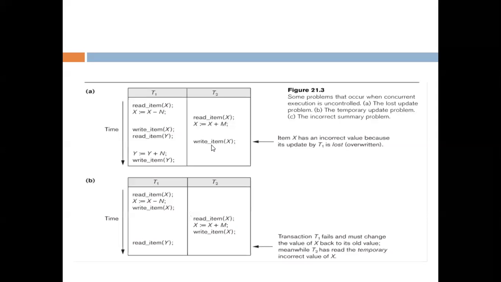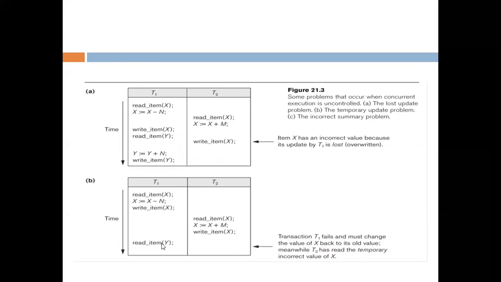Then on the other side, in the second case, where it is an incorrect update operation, two transactions T1 and T2 are reading the value X. X is decremented by N, then X is written. On the other side, T2 reads X, X is incremented, then writes X. After this, it is reading the value Y. So now what happens?